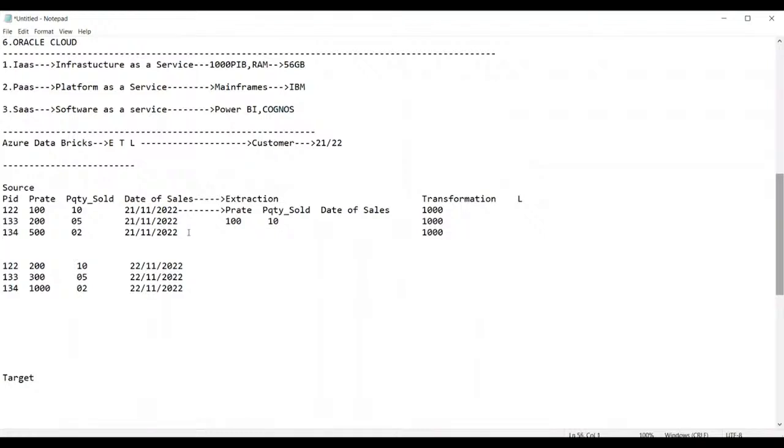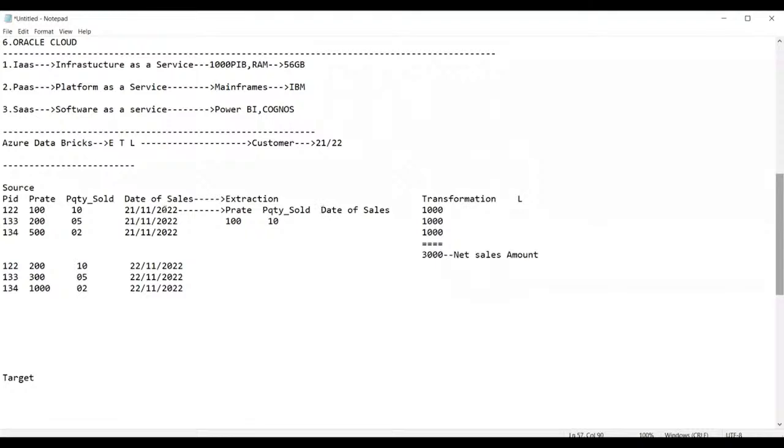The sum of these three is 3000. So 3000 is the net sales amount. Am I right, everyone? You are doing this under the process of transformation.